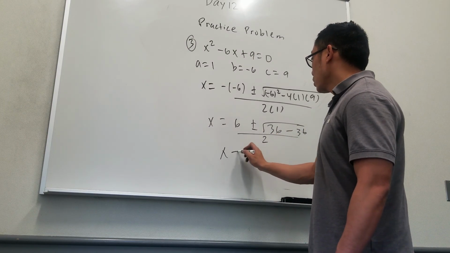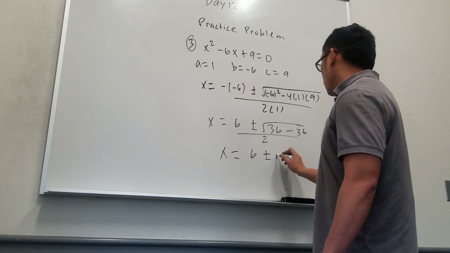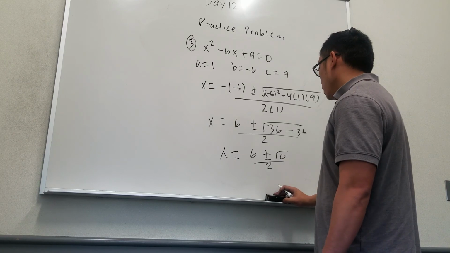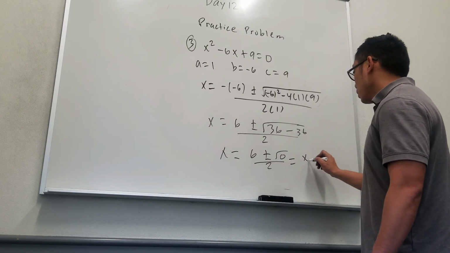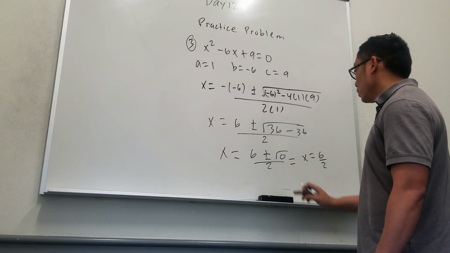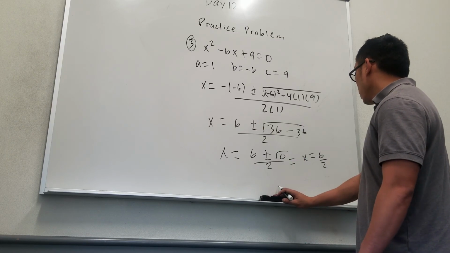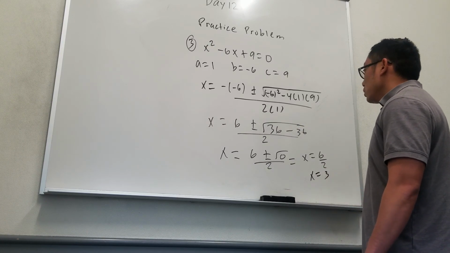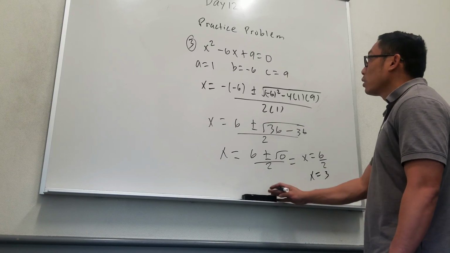As you notice, 6 plus or minus the square root of 0, which is 0, right? So really, x is equal to 6 over 2, which is equal to 3. That's it. So your only solution is 3.